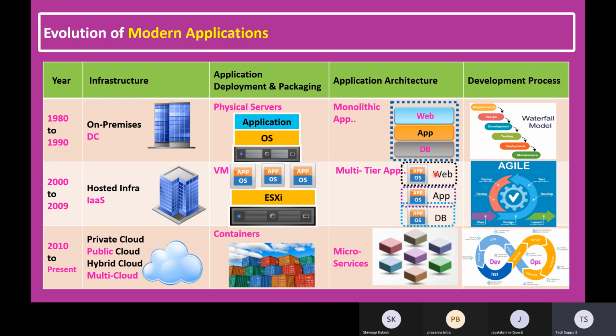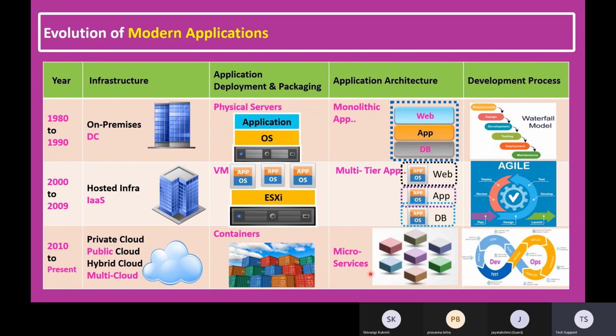Three-tier means, let's say web, app and DB, instead of one server, we maintain different layers of servers: one for web, one for application, one for database, and if you have load balancers, we can maintain a separate layer. So it's a multi-layer application.